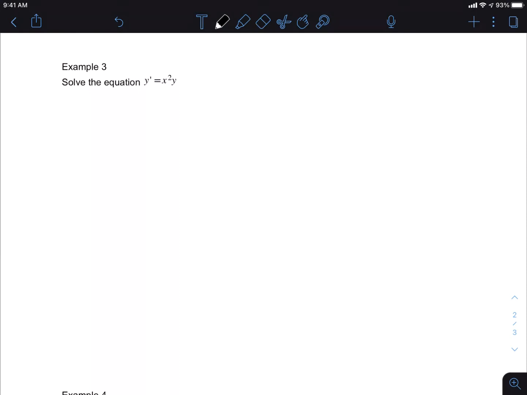And this one should be one that you can solve for y. Let me help. That should be your first step, right? Making notation that is useful for you.